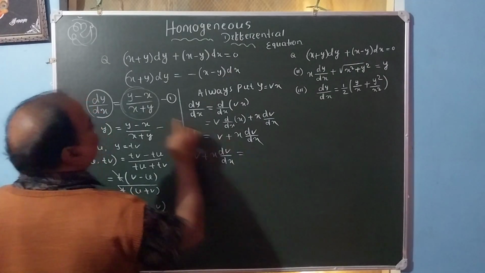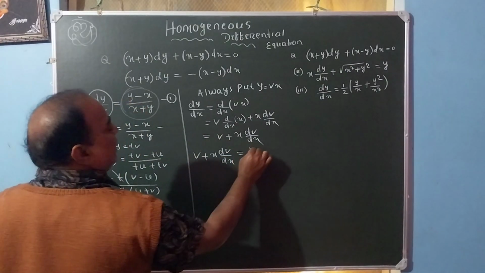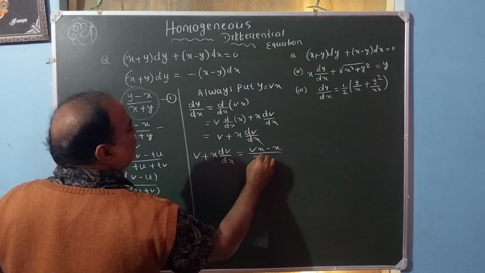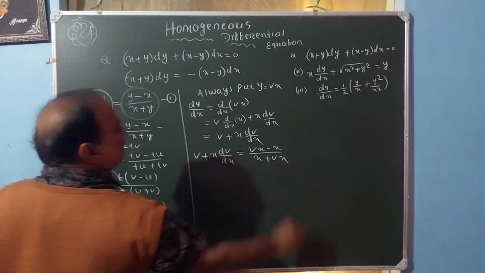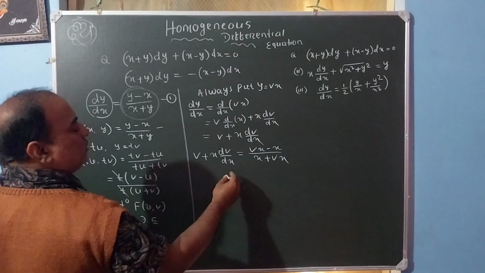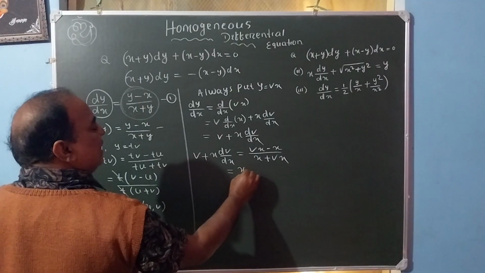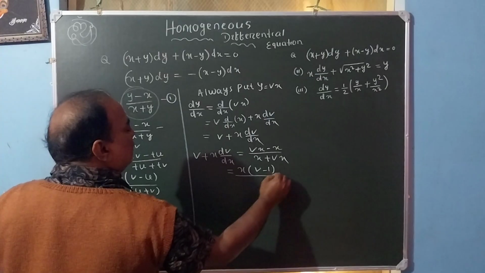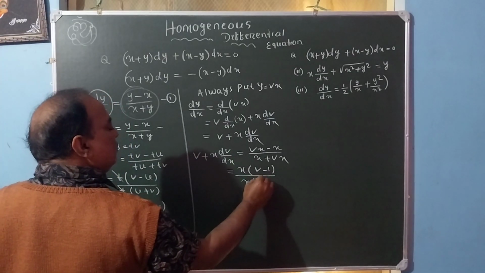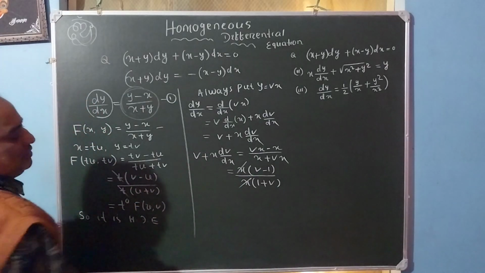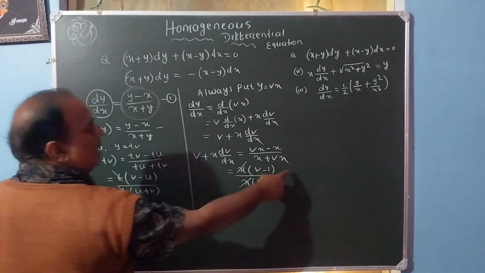So here we get, in place of y, (vx - x)/(x + vx). Taking x common on numerator as well as on denominator, we get x(v - 1)/x(1 + v). So x cancelled. So this v will go to that side.